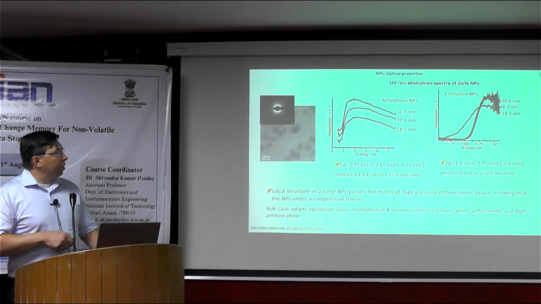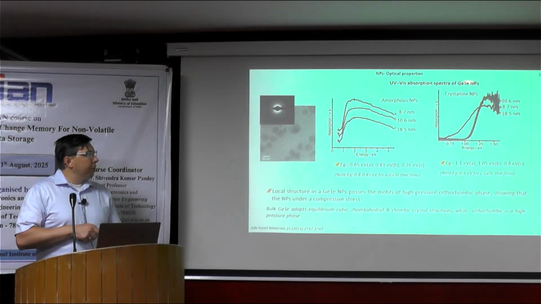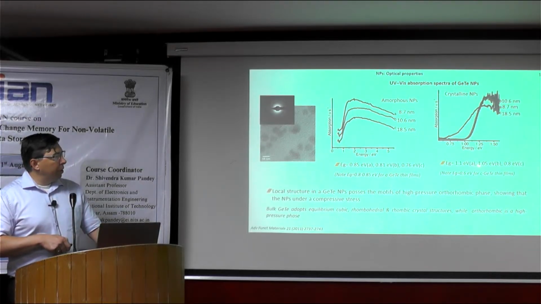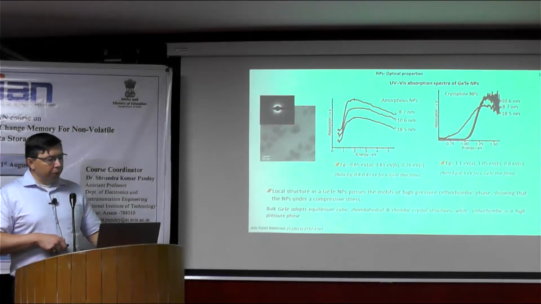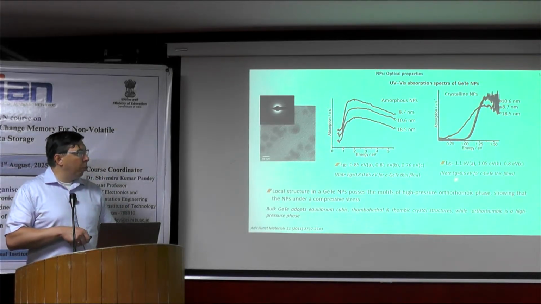However, it's somehow interesting that crystalline nanoparticles showed a larger band gap. Here we see the dependence of band gap on the size. For the smallest size, they obtained a band gap of 1.1 electron volt. For larger size, it's 0.8. But for crystalline GST thin film, there are reports of a band gap of 0.6.